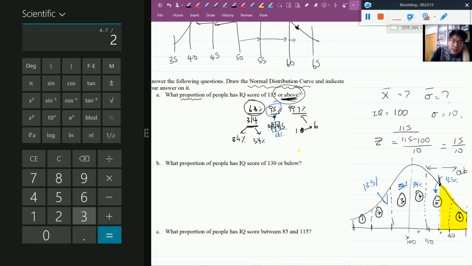Divide this by 2, 2.35. So each one of them here would be 2.35%. And this one is 2.35%. So from 1 onward, that is 2.35%, and the 6 is 2.35%. Very tiny bit. Out of 100 people, there's only 2.35% there.